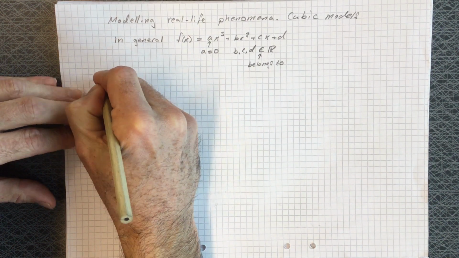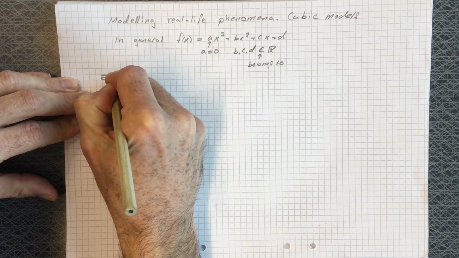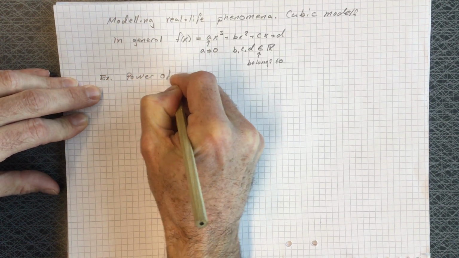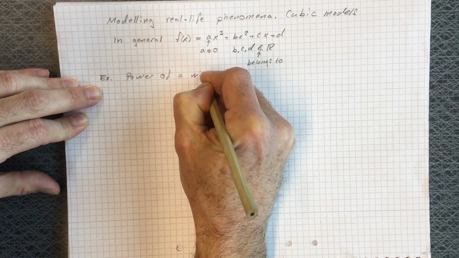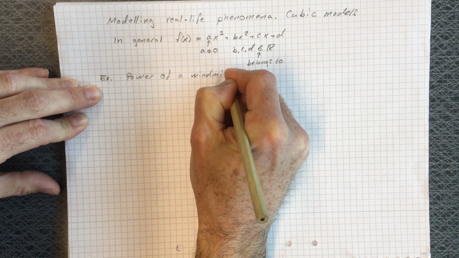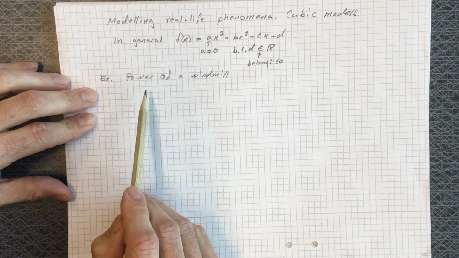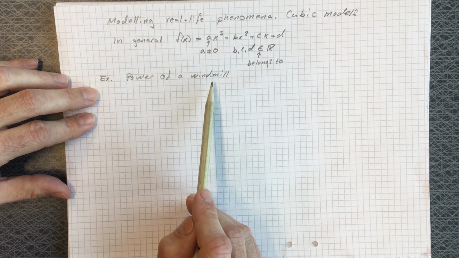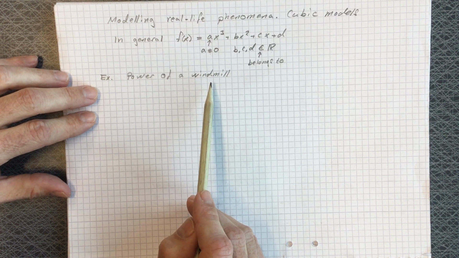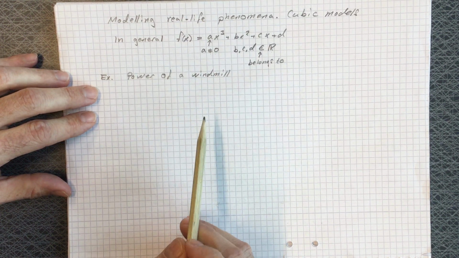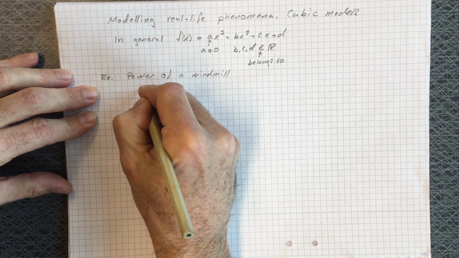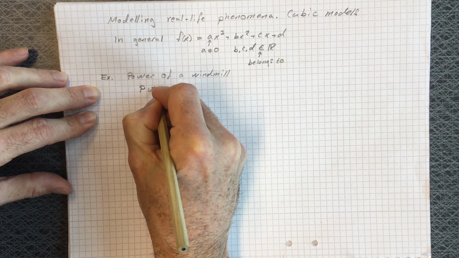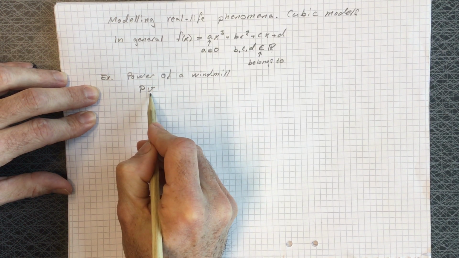So let's write it down. Example. Power of a windmill. The power, the energy you get from windmills, you will get it as electricity into your house. And the power from it, capital P, depends on the velocity of the wind.